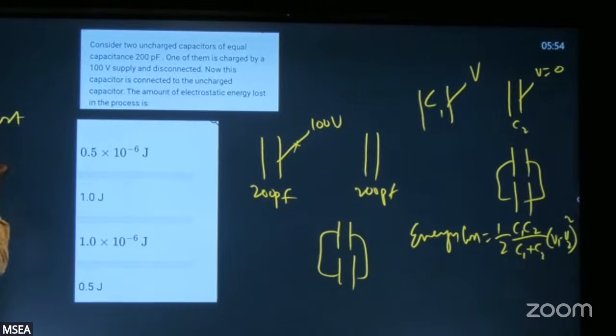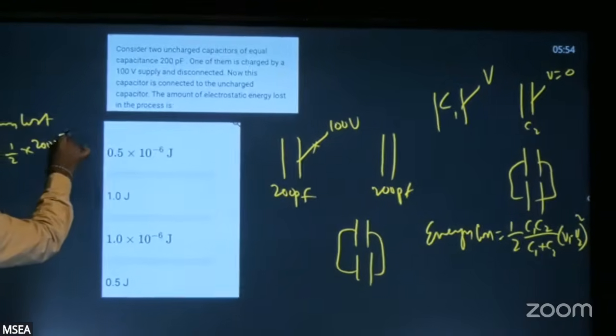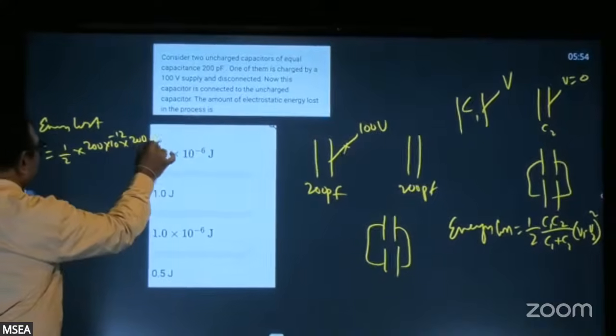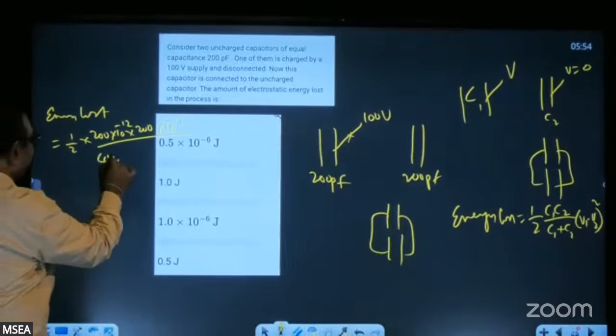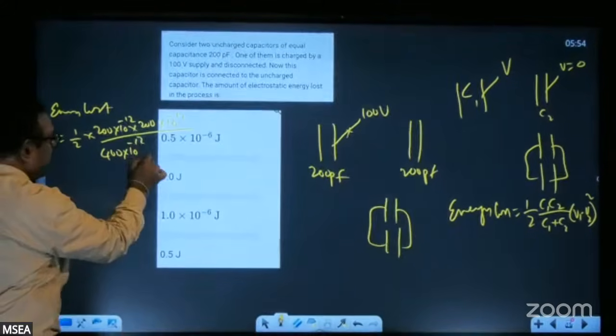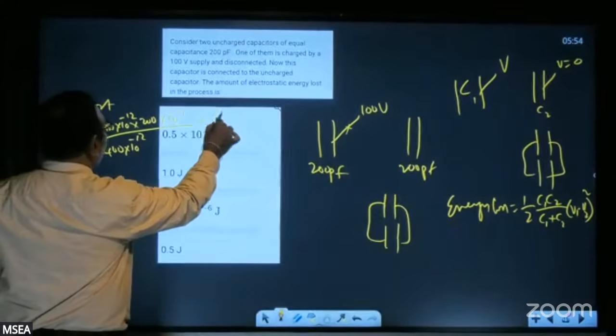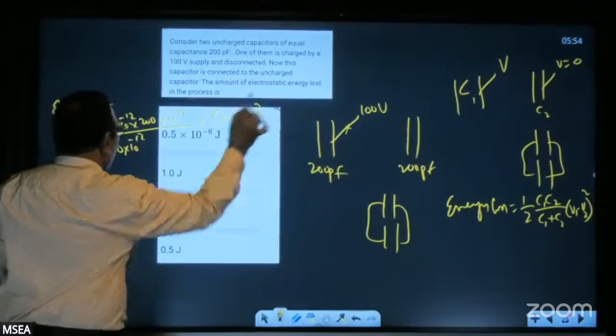So energy lost is equal to half into 200 into 10 power minus 12, into 200 into 10 power minus 12, by 200 plus 200 is 400 into 10 power minus 12, into V, which is 100, but the other one is 0, uncharged.